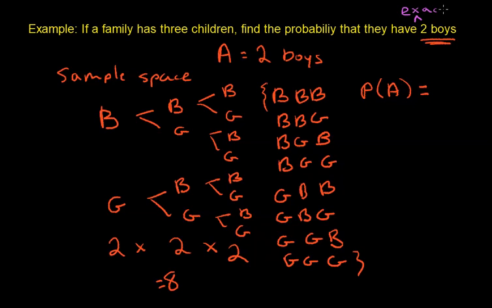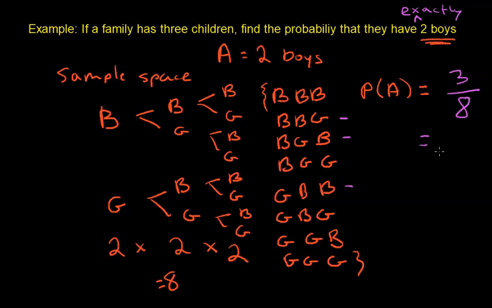So exactly 2 boys. So there's 2 boys here, 2 boys there, 2 boys there. All right. So it looks like three outcomes in the sample space have 2 boys. Okay. All right. Out of 8 possible events in the sample space.